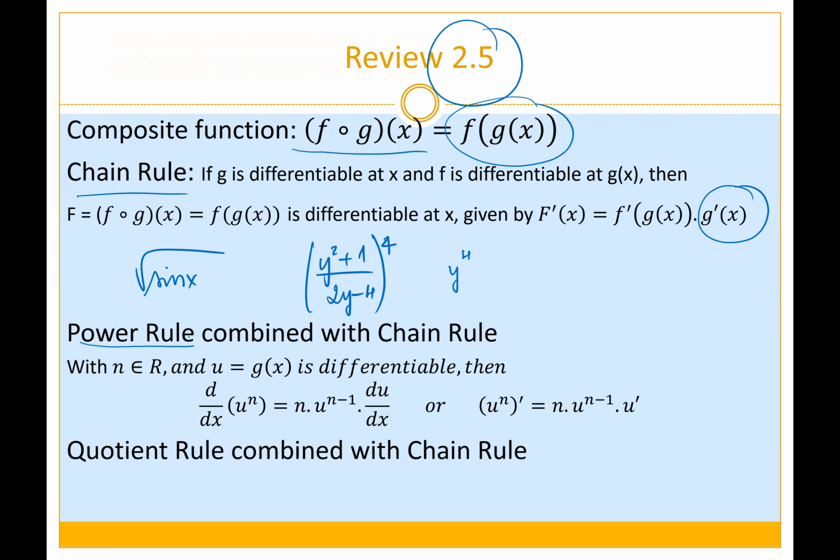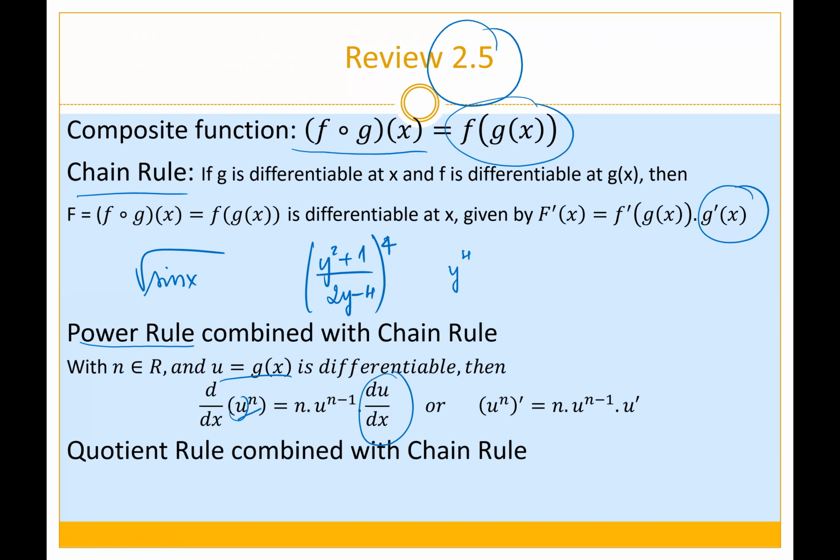Last, it overlaps with what I'm about to say: the power rule combined with the chain rule. Say you have u to the n, where u is a function of x. When you take the derivative, it's the regular way, n times u to the n minus 1, but the extra thing is that you multiply by the derivative of u with respect to x.